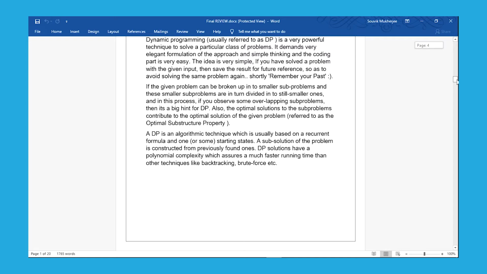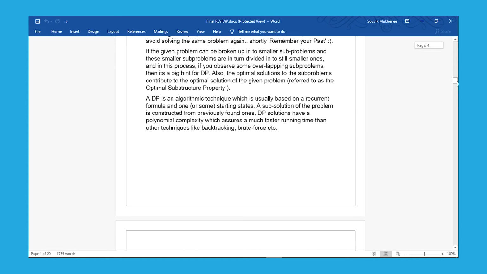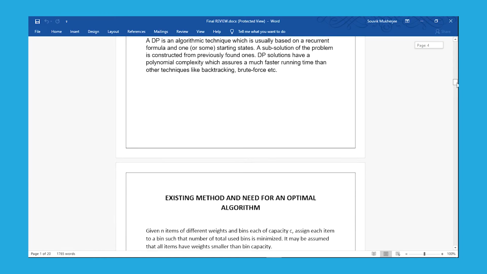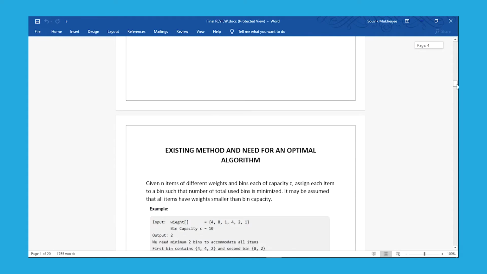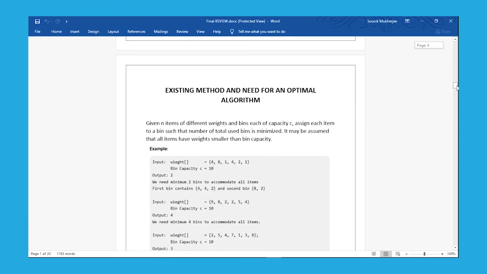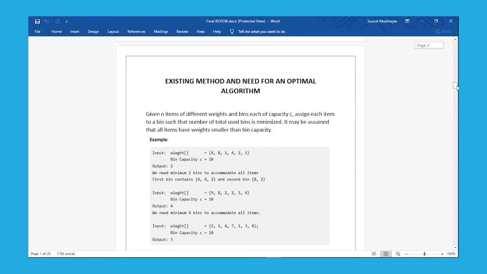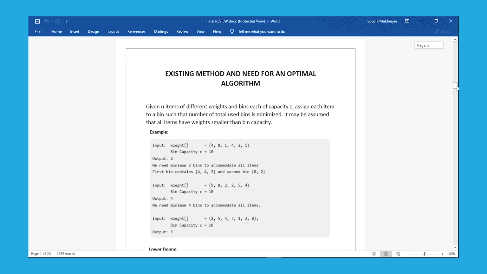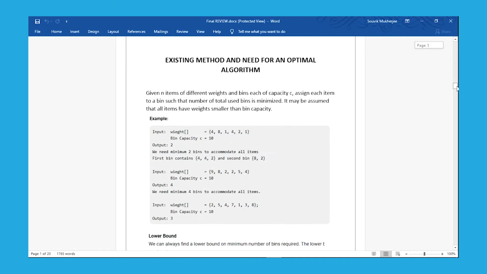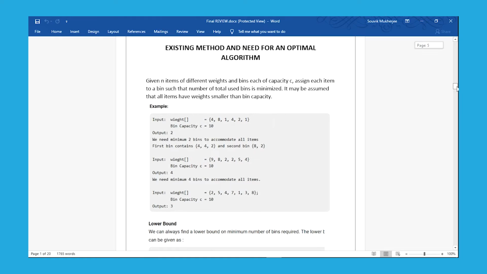Our approach is to compare the efficiencies and drawbacks of the two most famous heuristic algorithms, the next fit and the first fit, and in comparison to those create a new algorithm that is a near optimal solution to the bin packing problem.